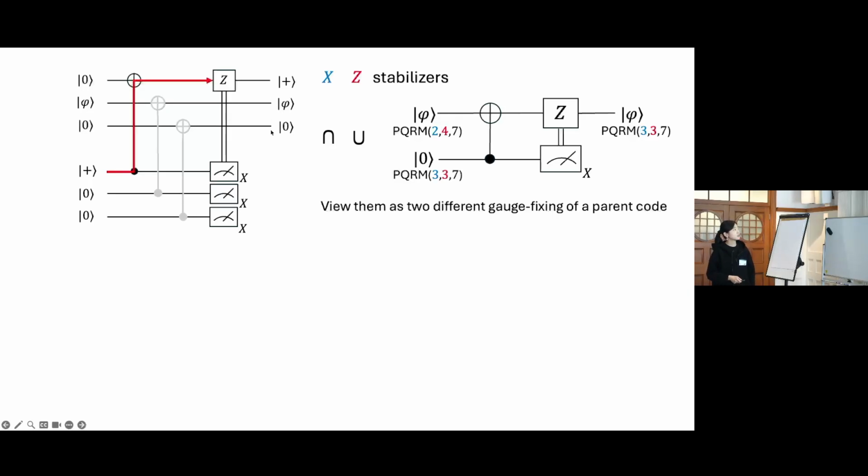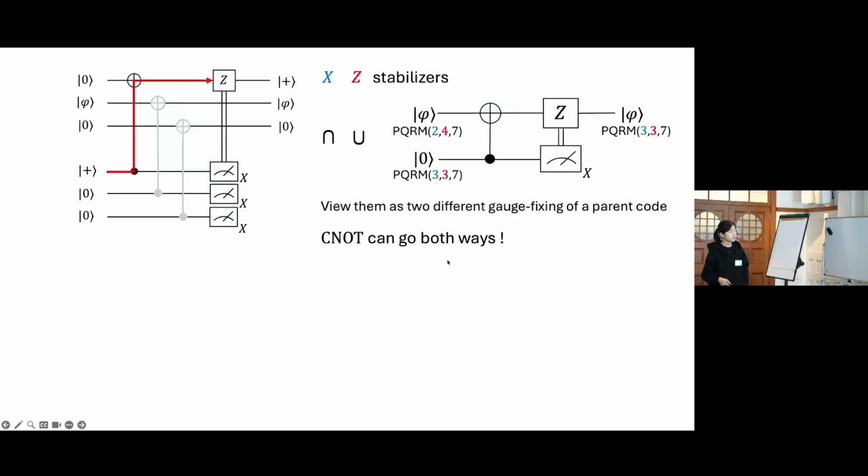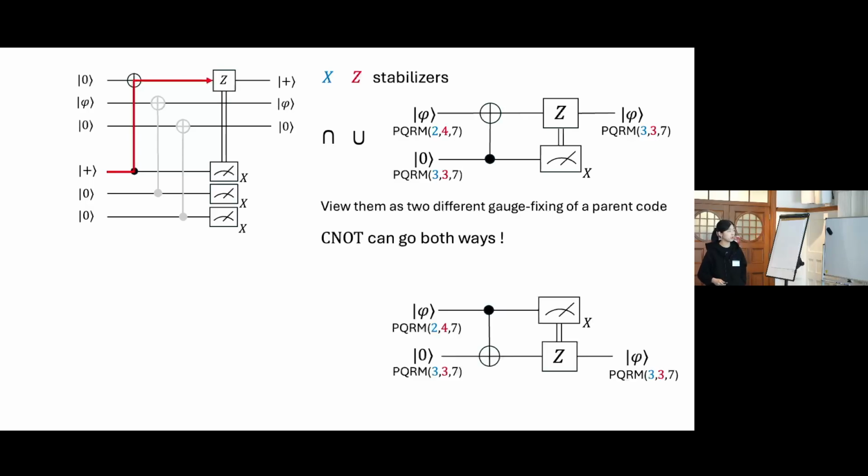Okay, so this teleportation picture allows you to see that CNOT can go both ways. This is a bit different from 2D to 3D color code switching, where the CNOT is only one way. So in this code switching picture, CNOT can go both ways. Let me explain why.